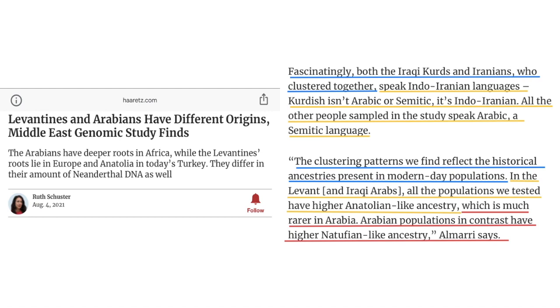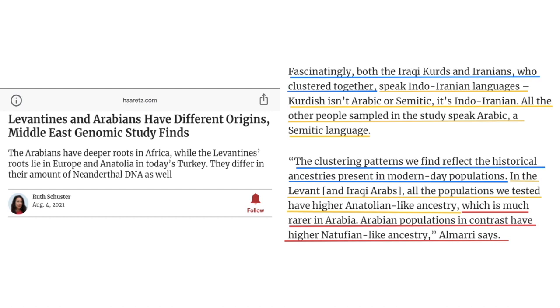The clustering patterns we find reflect the historical ancestries present in modern-day populations. In the Levant, the Iraqi Arabs, all the populations we tested have higher Anatolian-like ancestry, which is much rarer in Arabia, so you don't find much Anatolian DNA in Arabia.